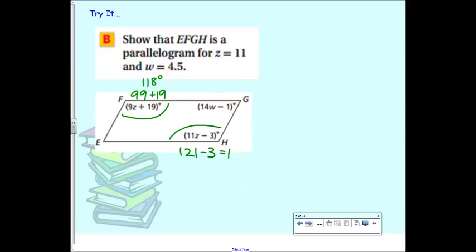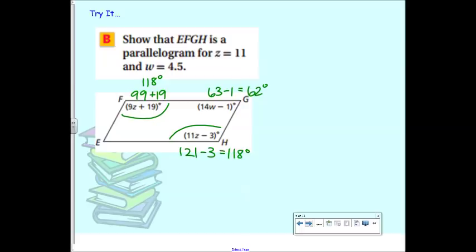And then G, I'm just going to plug in. Somebody do 14 times 4.5. 63 minus 1. 62. Okay, good.